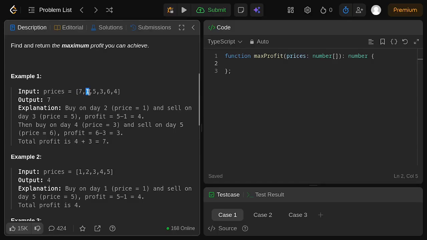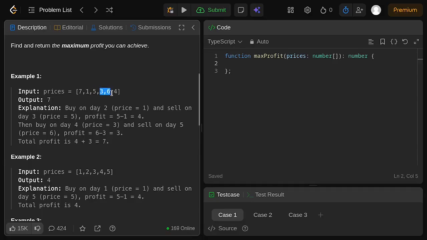Then we sell on day 3, and the difference between 5 and 1 is 5 minus 1, which equals 4. Then for 5 and 3, we don't have any answer because 3 is lower than 5. It would have been a negative, not a profit.